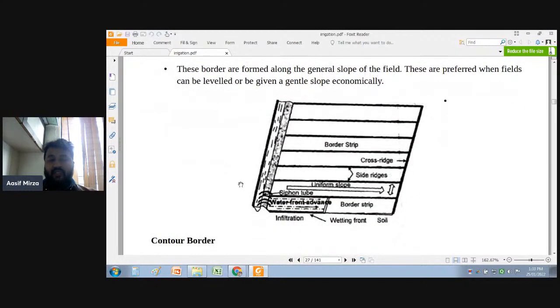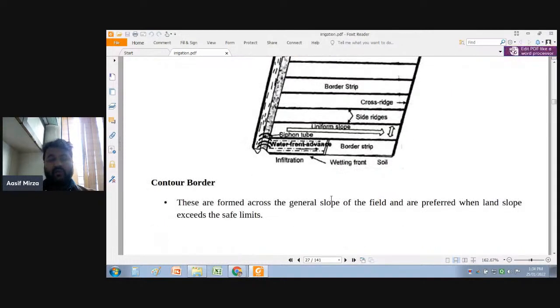Now, in the figure, you can see the border strips provided with a uniform slope. This vertical line is the side ridges, and this inclined line is showing the cross ridge. So you can see in the diagram the uniform slope is provided. Now this is the progressive water sheet on the ground provided through the siphon tubes.